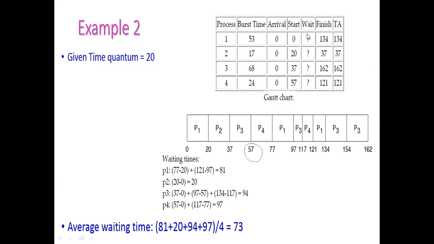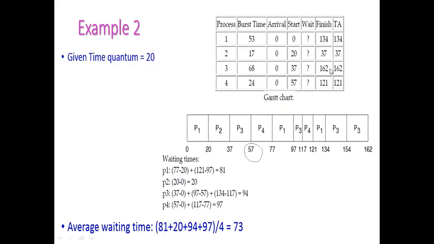After finding all the waiting times, we need to calculate the finish time of each process from the Gantt chart. The finish time of process P1 is 134 milliseconds. The finish time for the process P2 is 57.